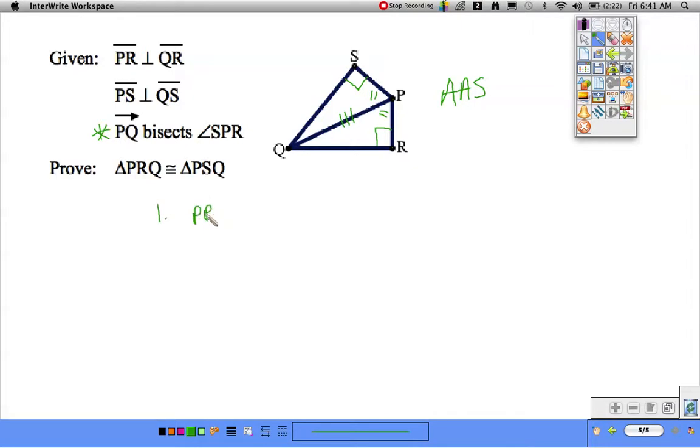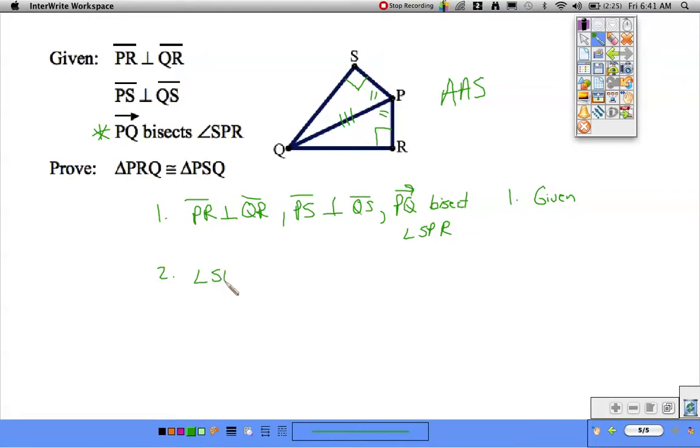So I'm still going to list all the given information. PR is perpendicular to QR, PS is perpendicular to QS, and PQ is bisecting angle SPR. And all that was given to me. Now I'm going to say what I had on the triangle. I knew that angle SPQ was congruent to angle RPQ because that's what bisect means.